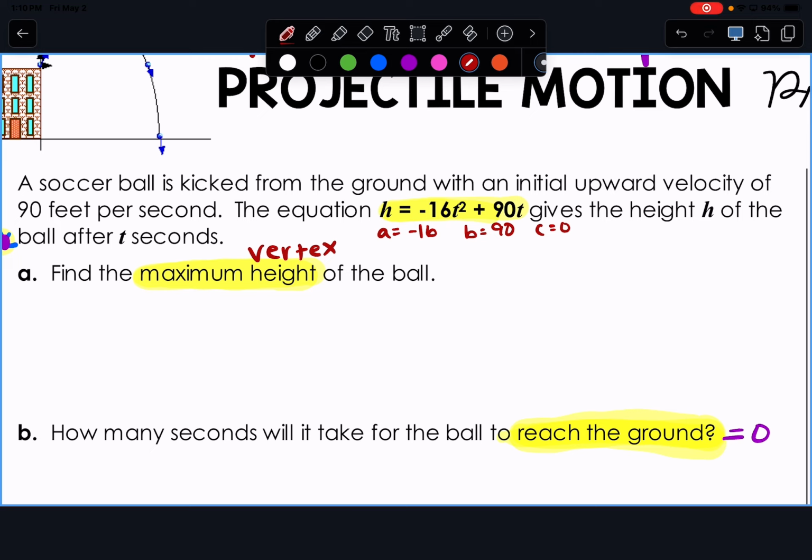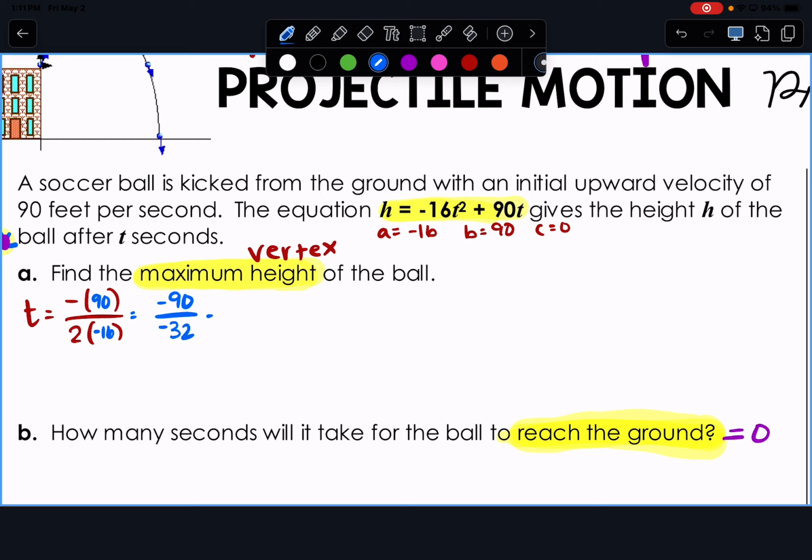We're going to say t is equal to negative b over 2a. What is b in this question? 90. And then a is negative 16. So we get negative 90 divided by negative 32.